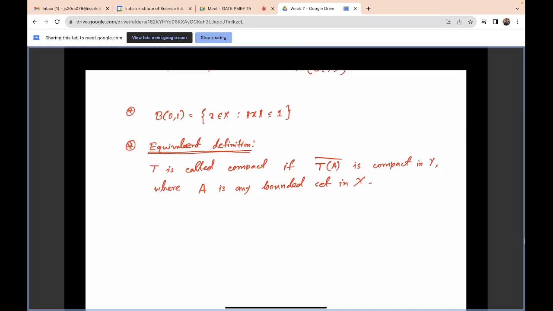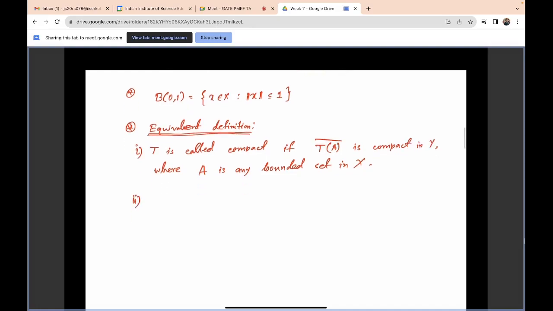Again, there is another equivalent definition. So this is definition 1. This is the same as taking any bounded sequence and seeing what the image of that sequence will be. The closure should be compact, meaning that if that sequence has a convergent subsequence, then T is a compact operator.